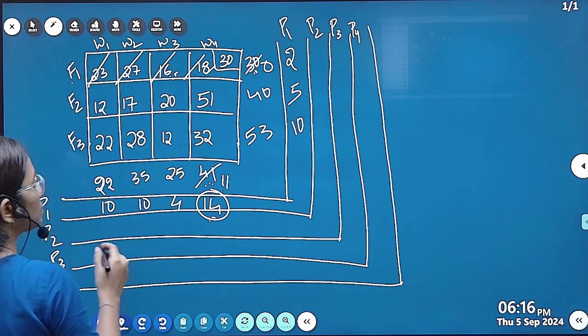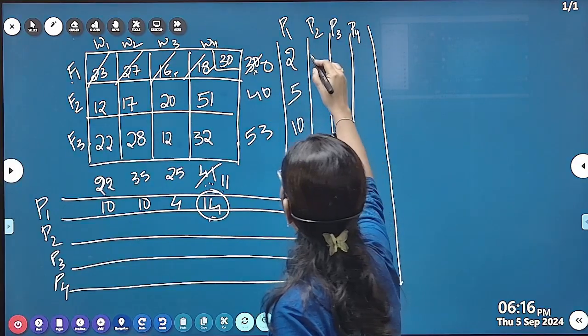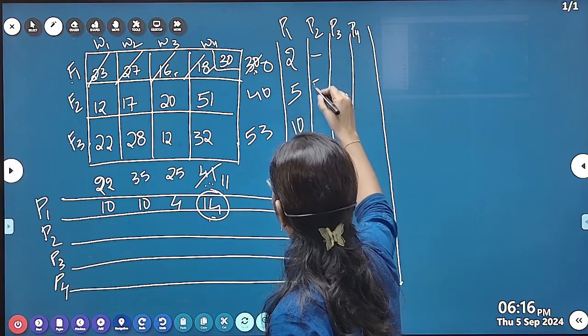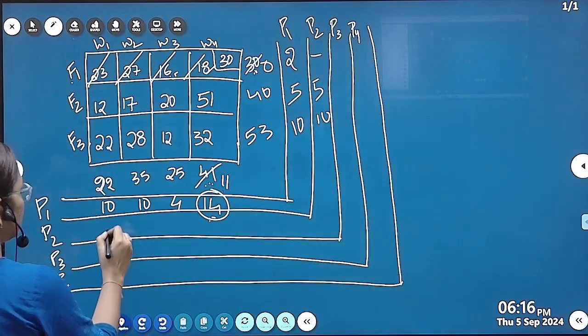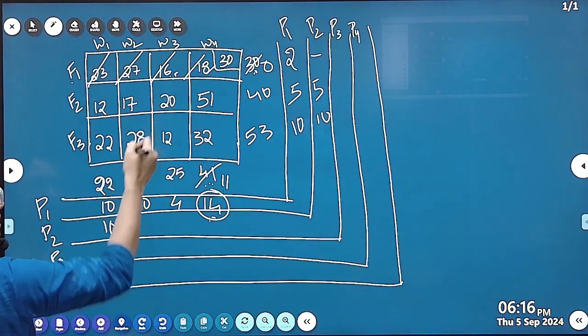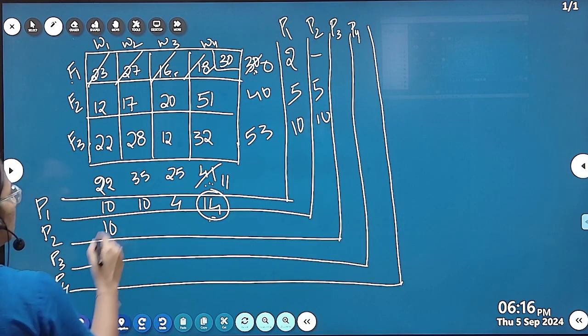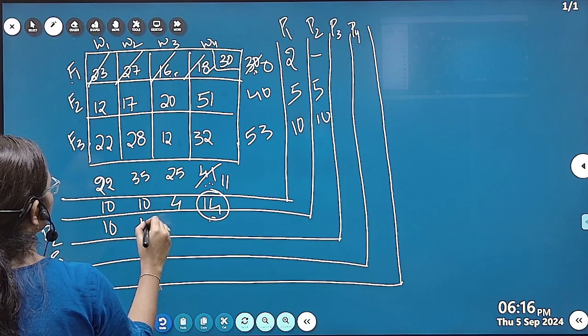Okay. So the second one, next do P2. Now there is nothing in this row, it is cancelled. Next, second row: 5, next 10, next here tell me 12 minus 22, here 10. So 17 minus 28, 3 and 8, 13, right? Sorry, 11.